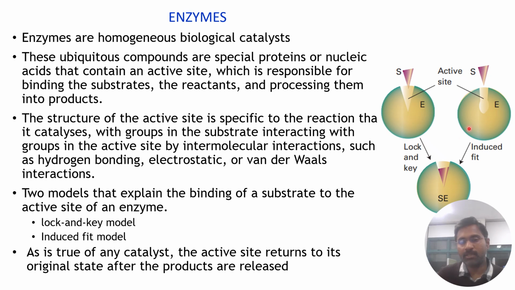After product formation, the product leaves the active site, so the enzyme is regenerated. In this way, the enzyme undergoes several cycles of reaction. One enzyme can accommodate the substrate several times and convert it into product, and it is regenerated, which is a typical way of catalyst action.